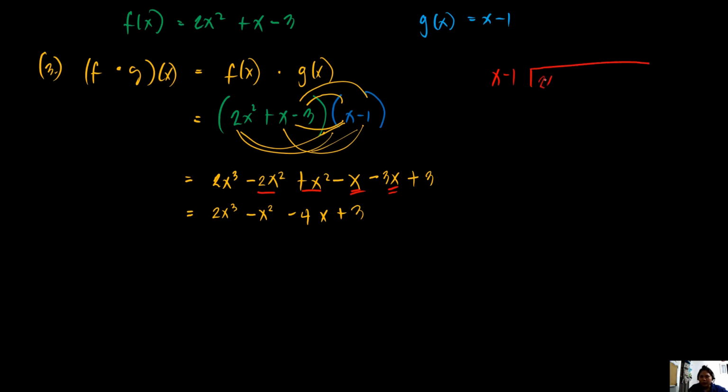So we have 2x cubed minus x squared minus 4x plus 3. So, x divided into 2x cubed, 2x cubed over x, the answer is 2x squared.